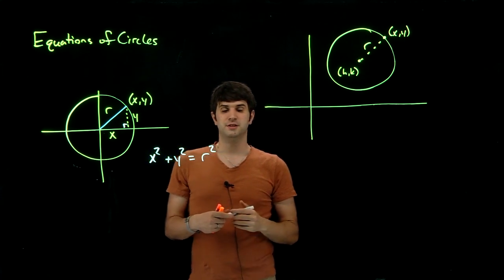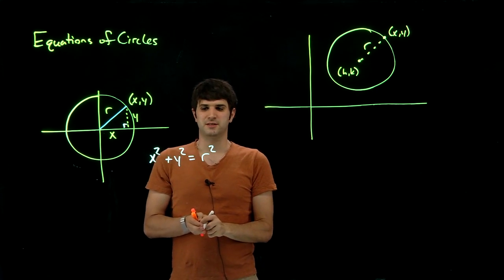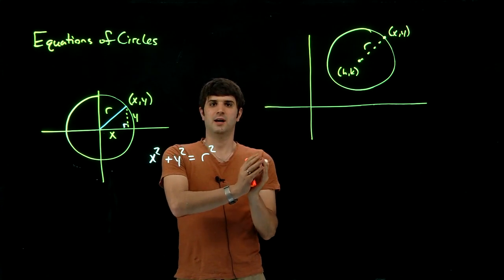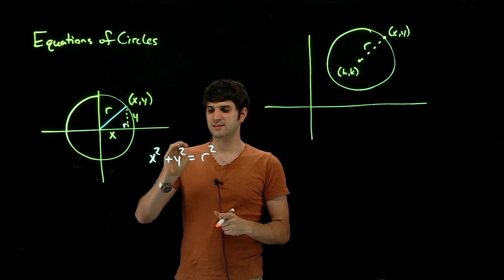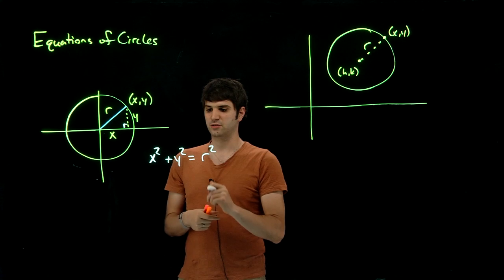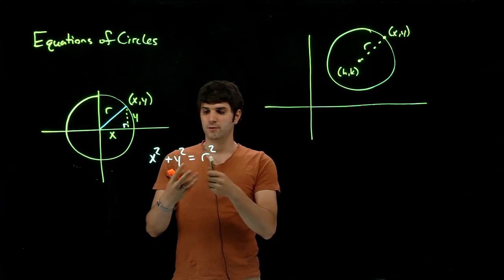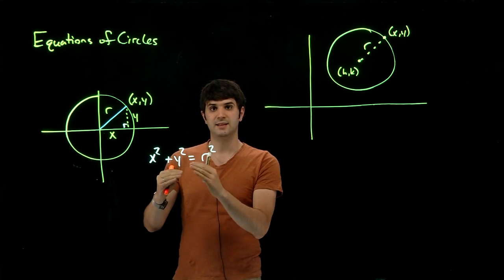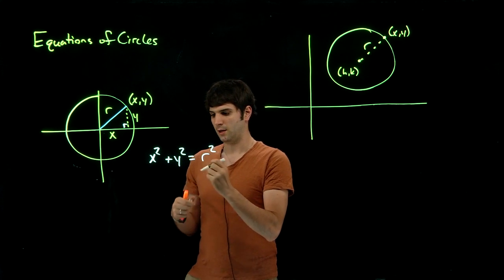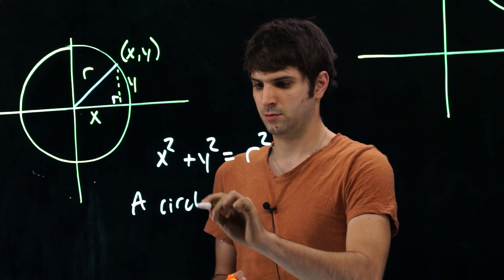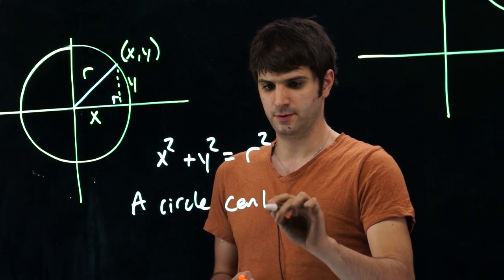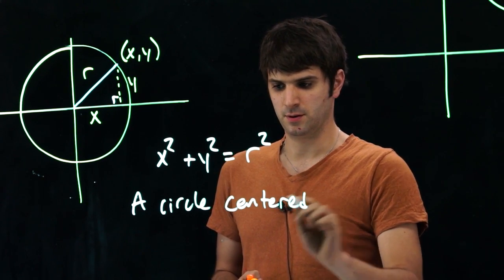Even though this doesn't look like a formula, like y equals something, this is actually the equation of a circle centered at the origin. This is the standard form of the equation of a circle centered at 0, 0.